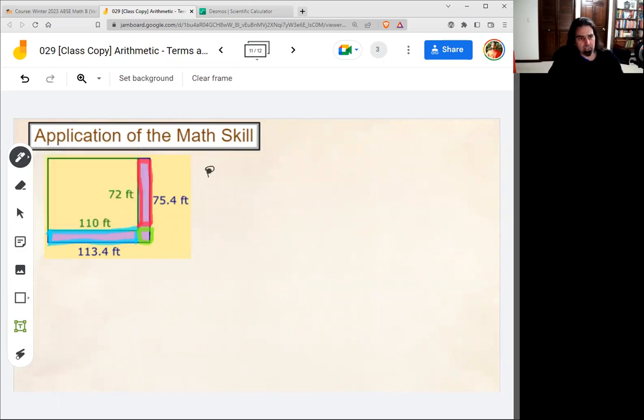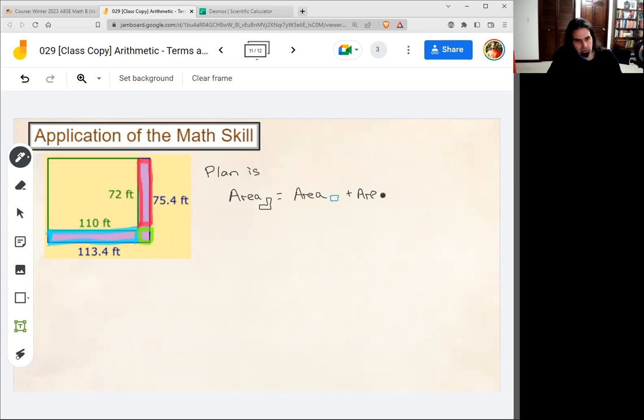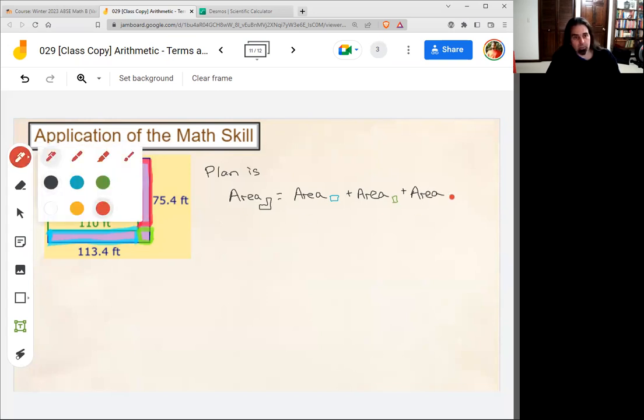Okay, so my plan is that the area of that L is going to be the area of the little blue rectangle plus the area of the tiny green square, and then plus the area of the tall red rectangle. With me so far?